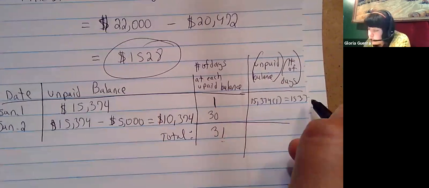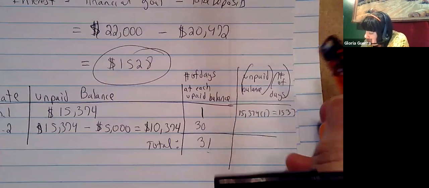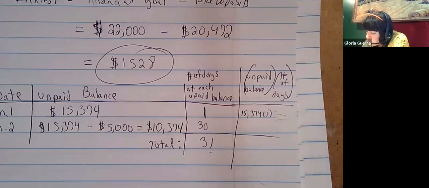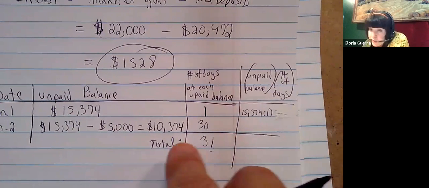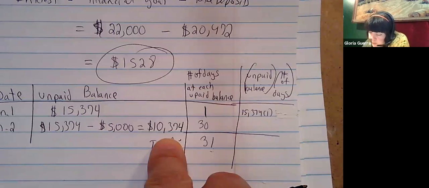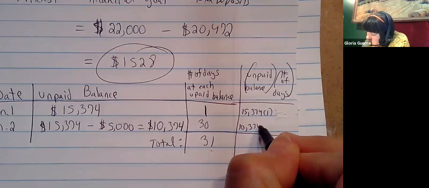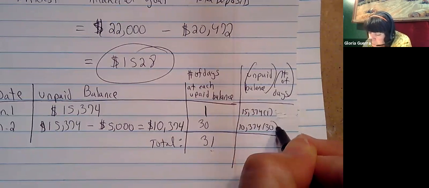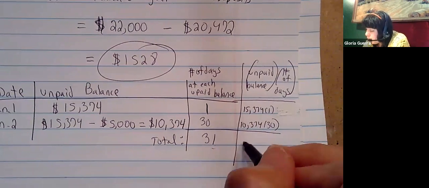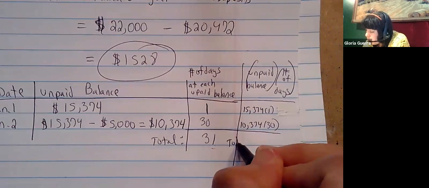I don't have enough room to write. And then I'm doing 10,374 times 30, and that gives me a total.